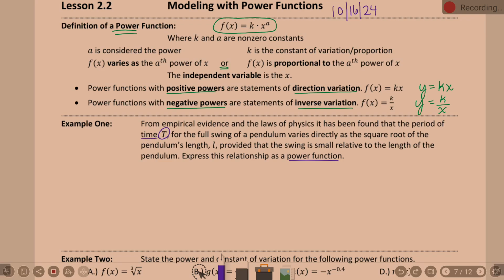For the full swing of a pendulum, key phrase here, varies directly as the square root of the pendulum's length, L, provided that the swing is small relative to the length of the pendulum. Okay. Our job is just to write an equation here. Okay? Write a power function, I should say. Thoughts on how to do this?